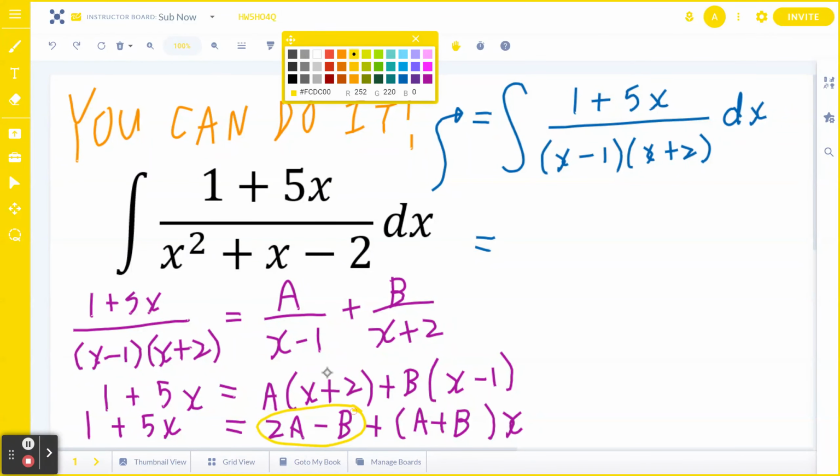There's the 2A − B, which equals 1, which I'm going to put here in a moment. Likewise, if I think about 5x and (A + B)x, which I'll put right here.